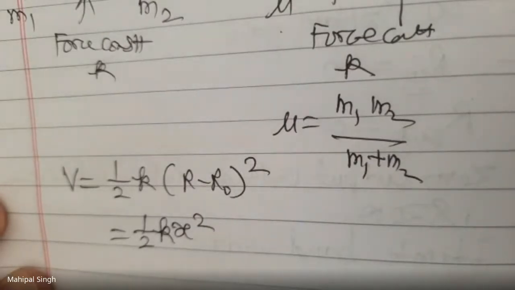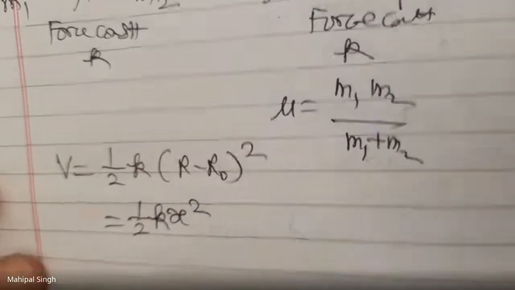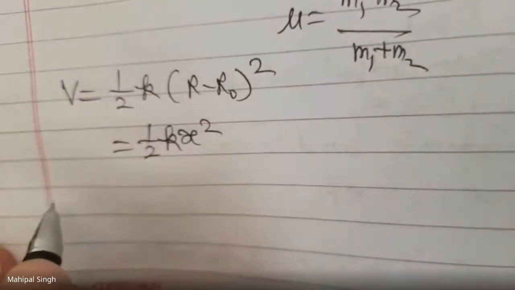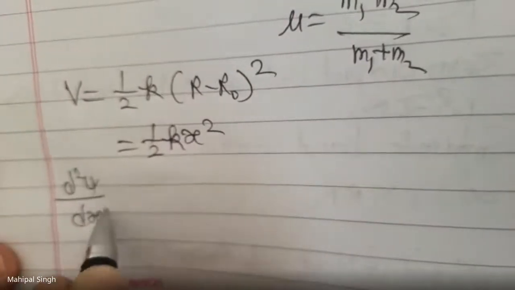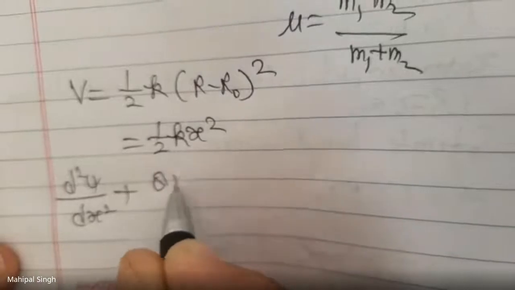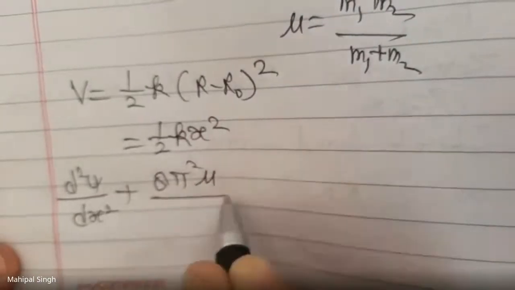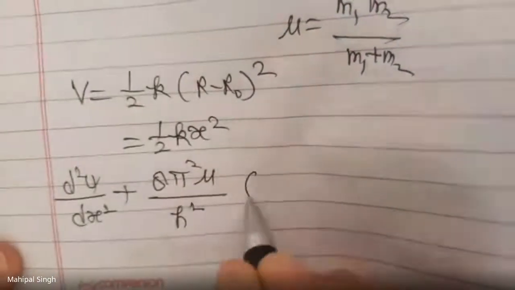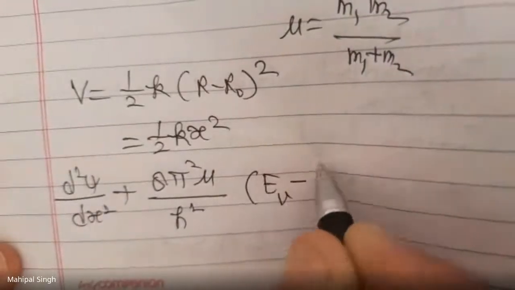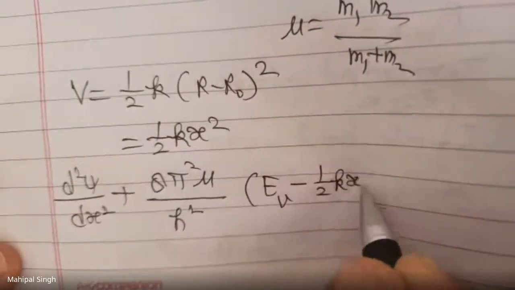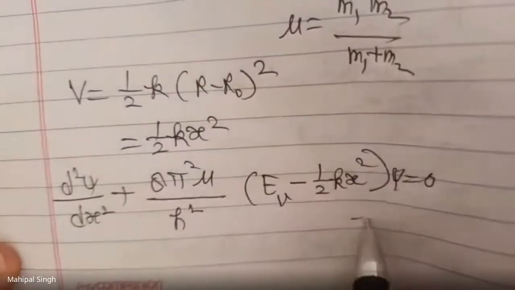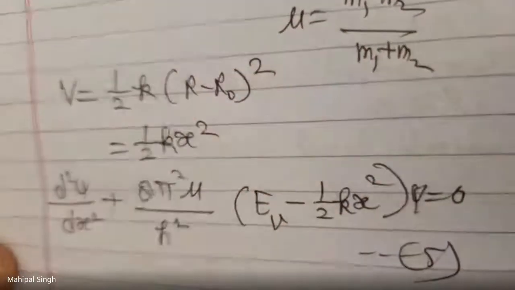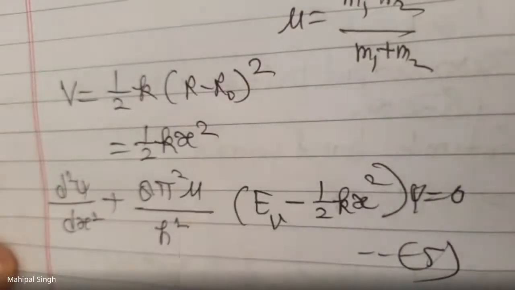The Schrodinger wave equation describing this motion can be written as d2 psi by dx square plus 8 pi square mu upon h square (E minus half k x square) psi equal to 0. Equation number 5. This is the Schrodinger wave equation describing this motion.